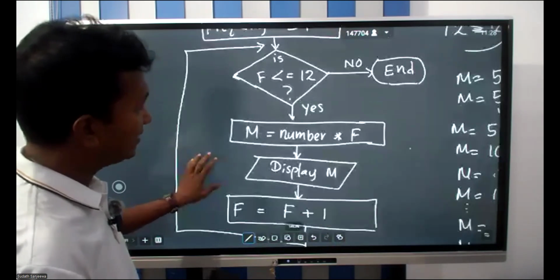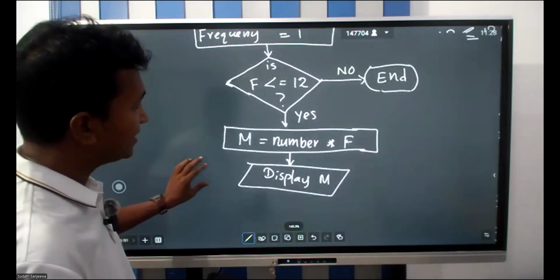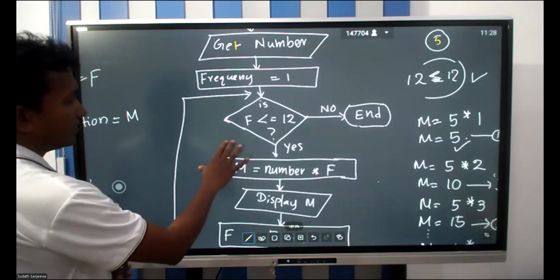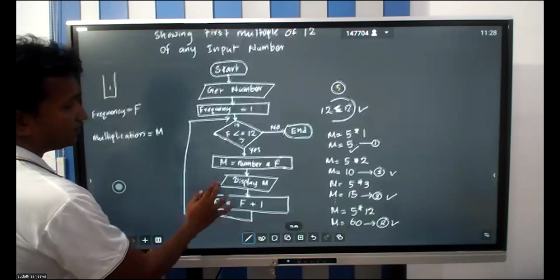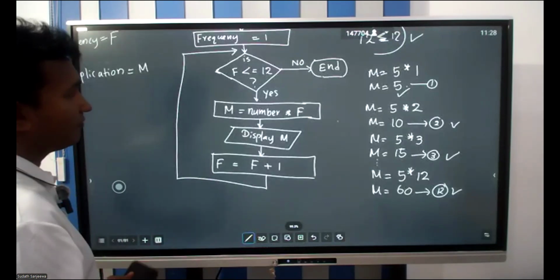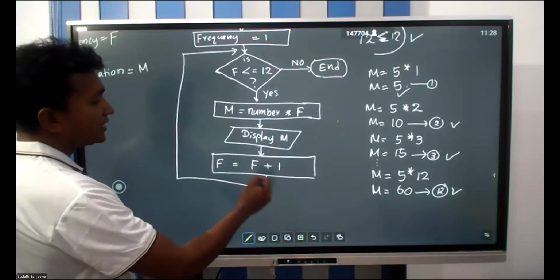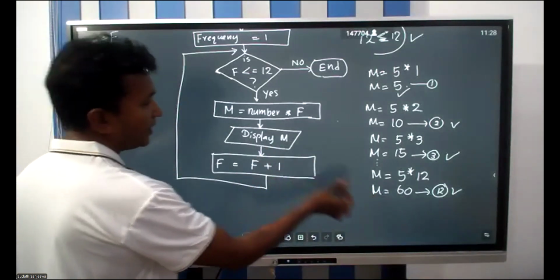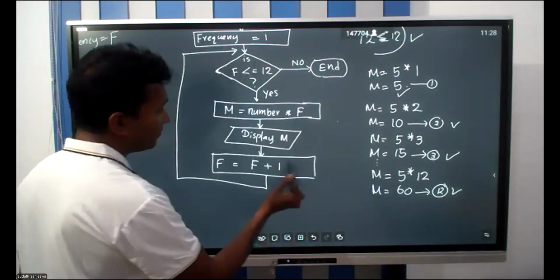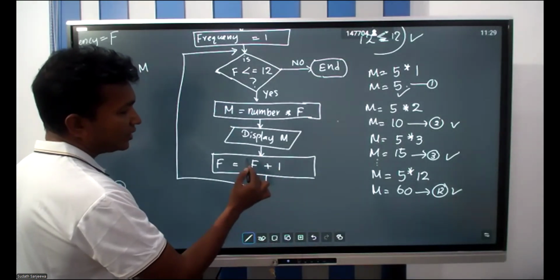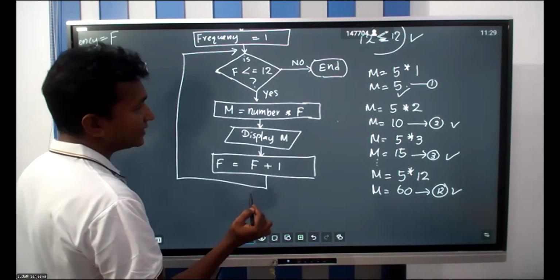When f becomes 12, after 12 we display the value of m. Then again, we increase frequency by 1. That means 12 plus 1 is 13.